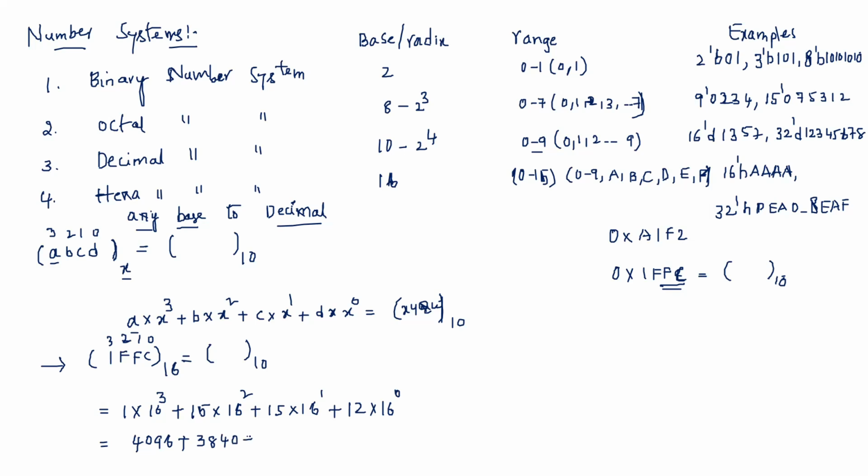Again 15 into 16 means 240, so 16 times 15 is 240. So 240 plus 12. You can add all these values and you will get the decimal value. So this is one type of conversion, hexadecimal to decimal.